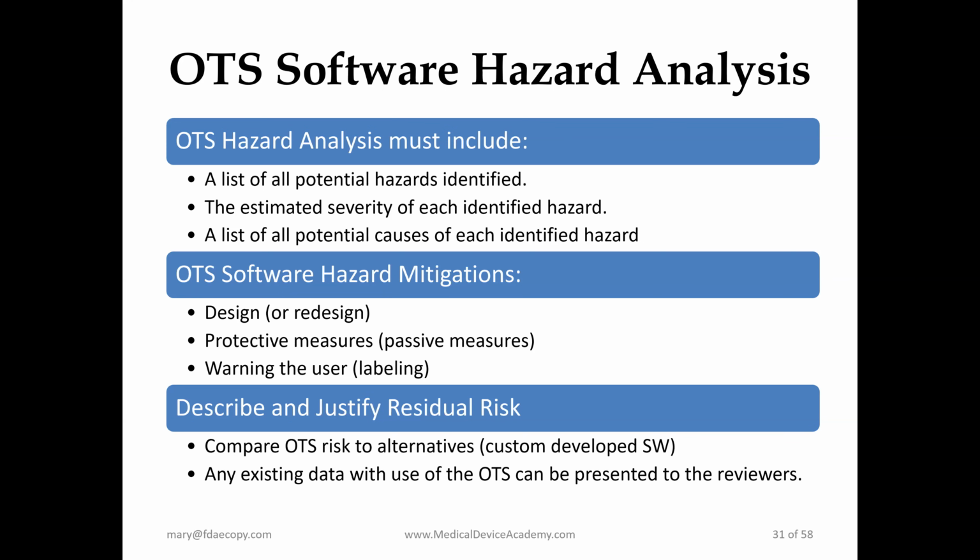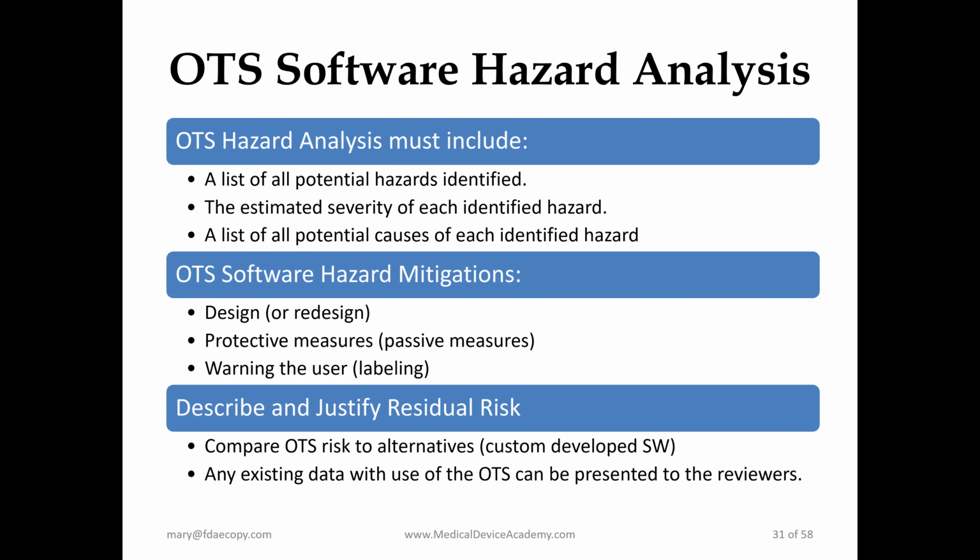But the FDA wants to see that you've gone through this exercise and made that evaluation. And then if you have any existing data using this off-the-shelf software or any experience previously where you've used this and it's been functional, the FDA welcomes that type of information as well if you want to include any additional data or a narrative in that regard.